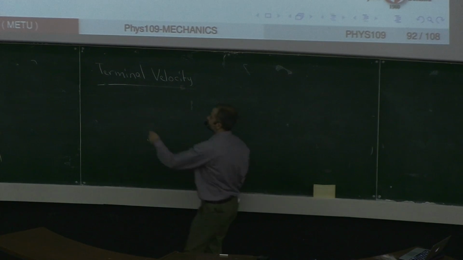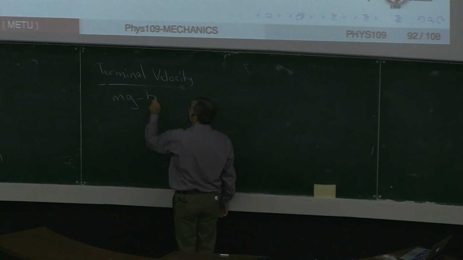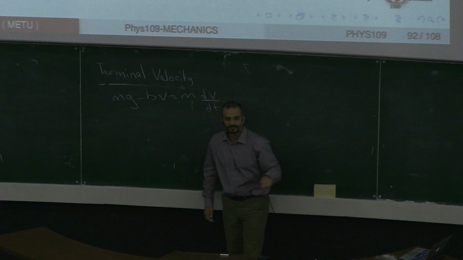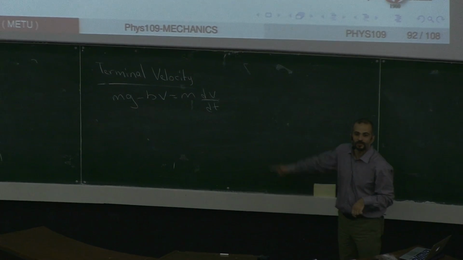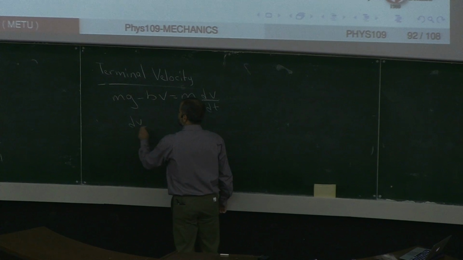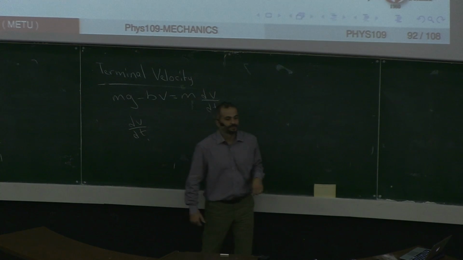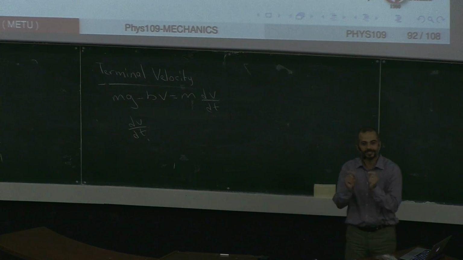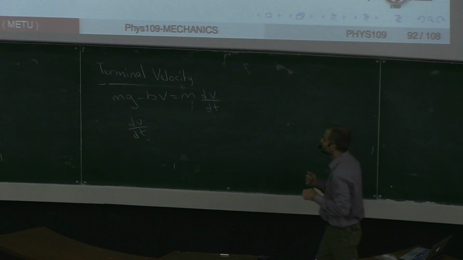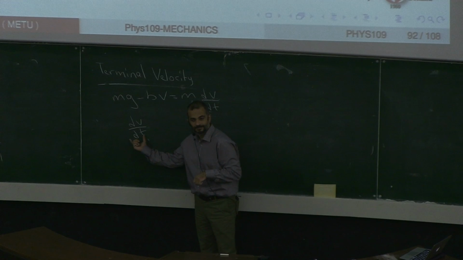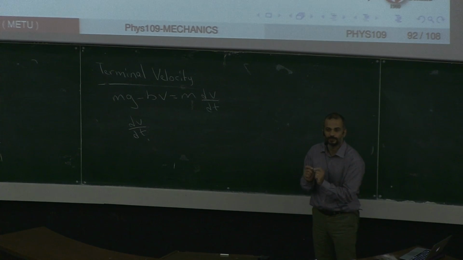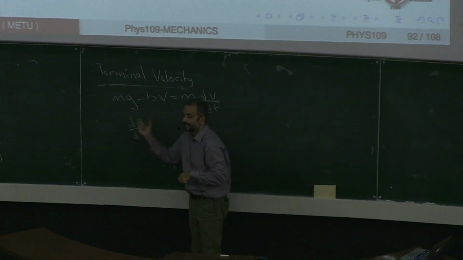So this is my equation. mg minus bv is equal to m dv by dt. Now, let's first remember what this dv by dt means. I take two successive time points, a very small time interval, the length of which is dt, and I measure the change in my speed between these two time points, and the change in the speed I denote by dv.